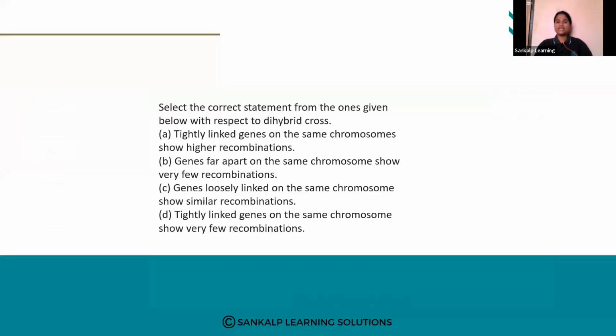Select the correct statement from the ones given below with respect to dihybrid cross. Tightly linked genes on the same chromosome show higher recombination. Genes far apart on the same chromosome show very few recombination. Genes loosely linked on the same chromosome show similar recombination.